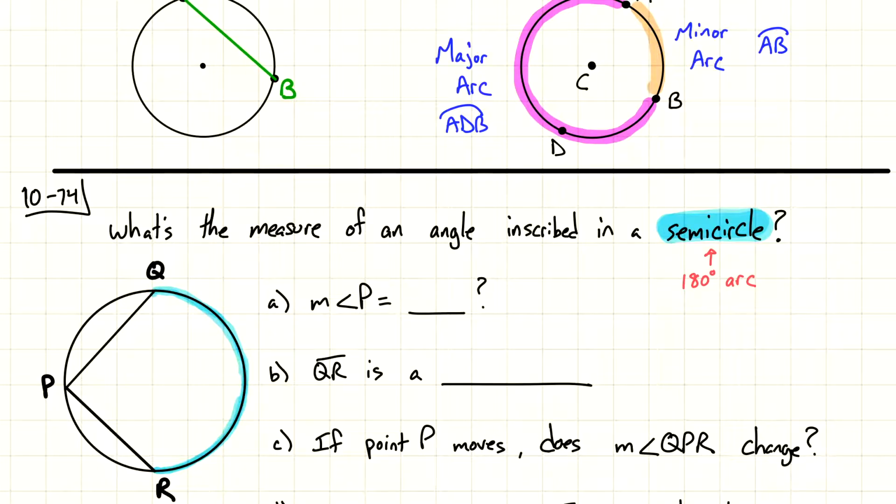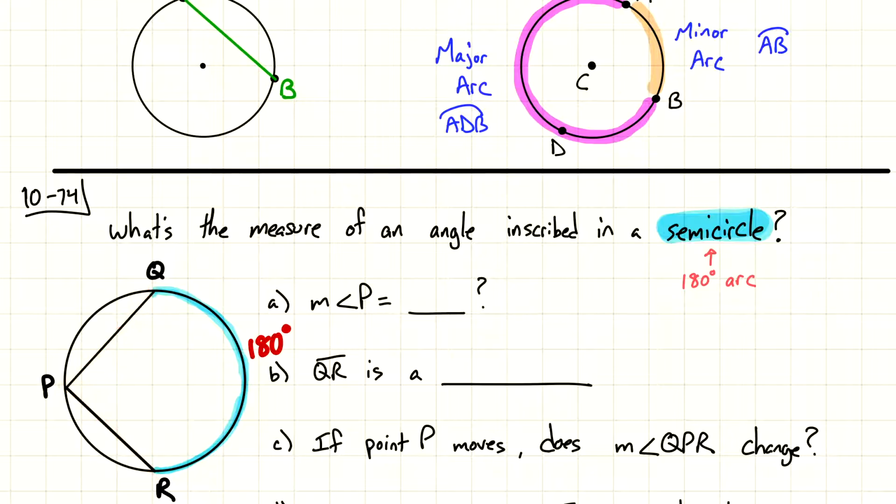So this is going to be 180 degrees from Q to R. I'm going to write, this is 180 degrees right here. All right, so if I know this measurement is 180 degrees, the question is, what is the measurement of this angle? Keep in mind, you have to think, is this an inscribed angle or is this a central angle?